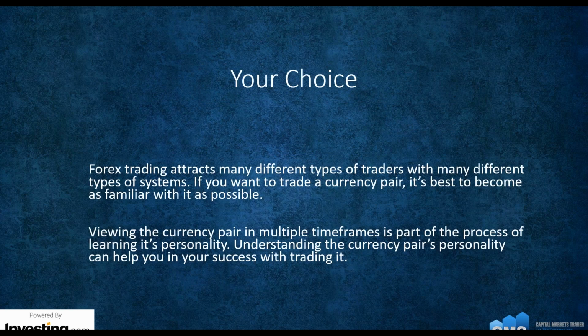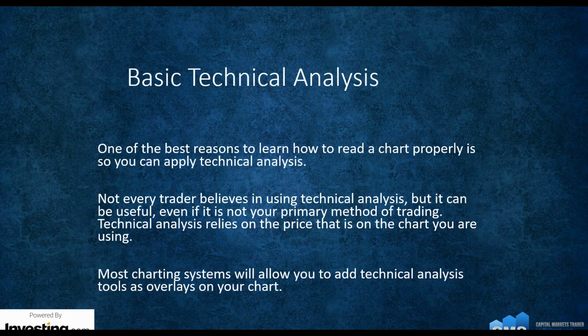Forex trading and CFD trading attract many different types of traders with many different types of systems. If you want to trade a currency pair, it's best to become as familiar as possible with it, or any asset. Viewing the asset in multiple time frames is part of a process of learning its personality. Understanding the asset's personality can help you in your success with trading.